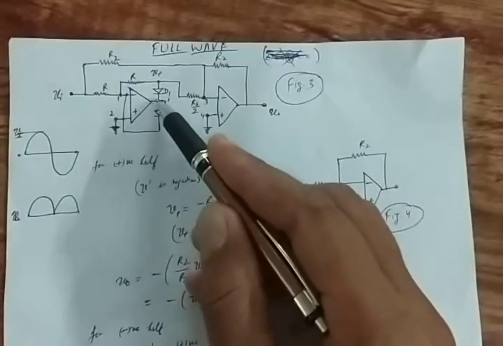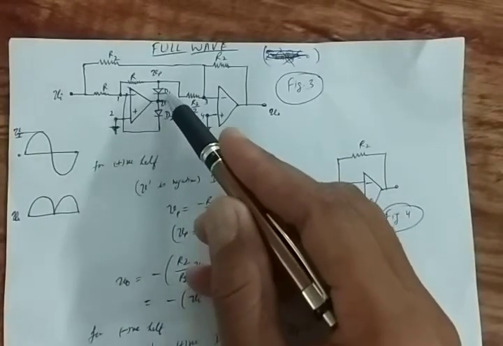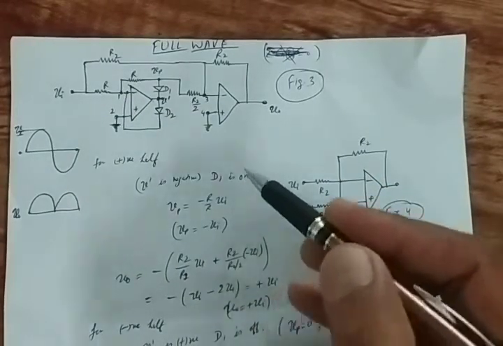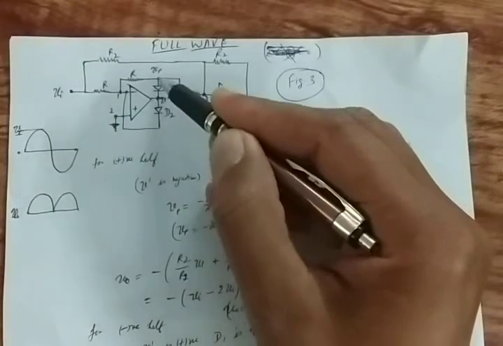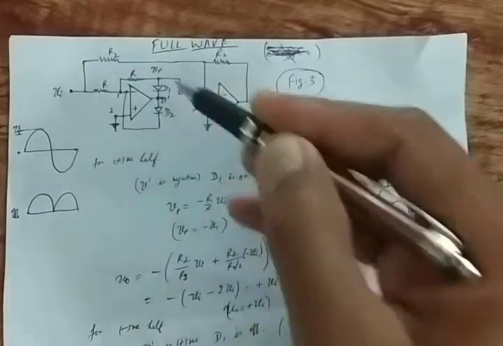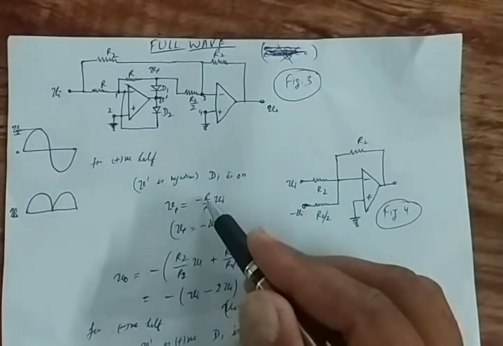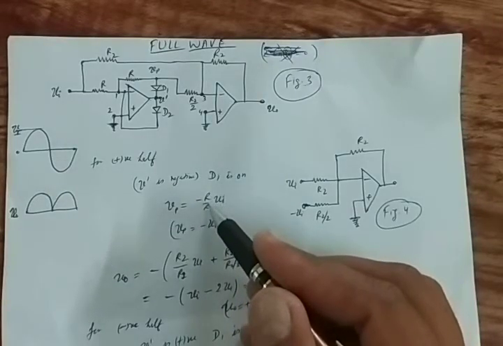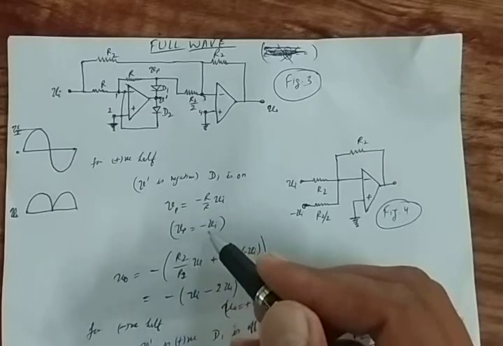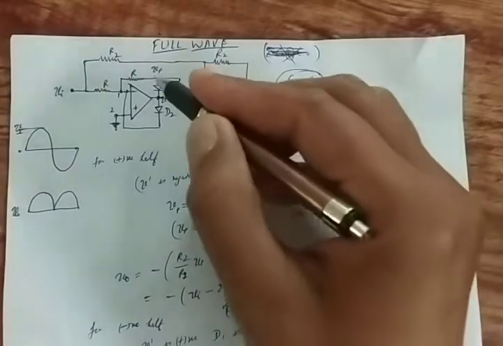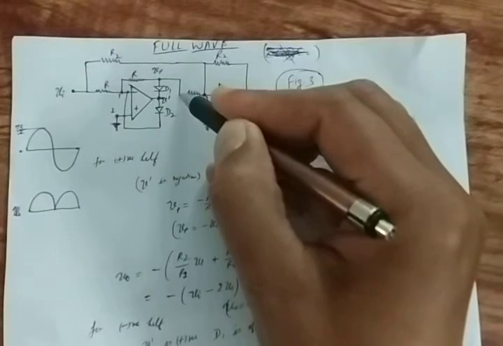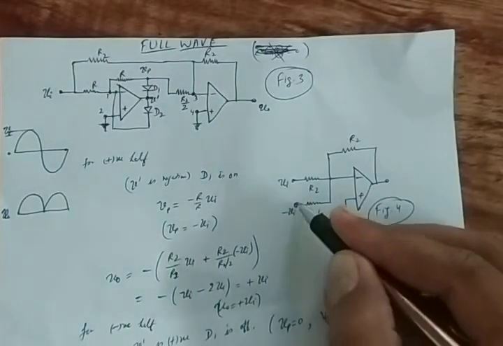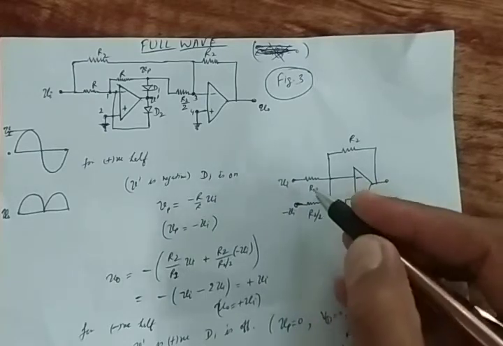If this is negative, then this diode D1 will be on, and if D1 is on, the voltage at this point and this point will be same, that is Vp is given by minus R by R into Vi. This R and R is same, so Vp is given by minus Vi. So the potential at this point is minus Vi and potential at this point is Vi.